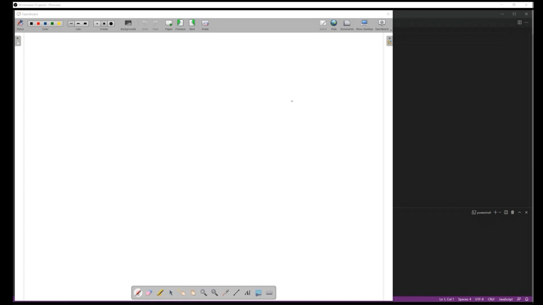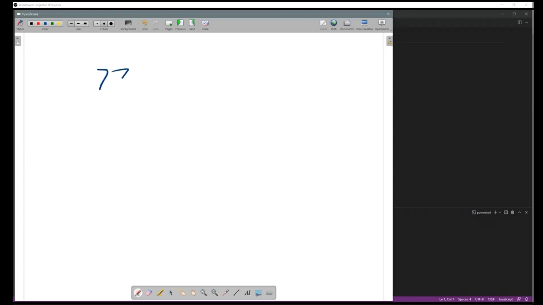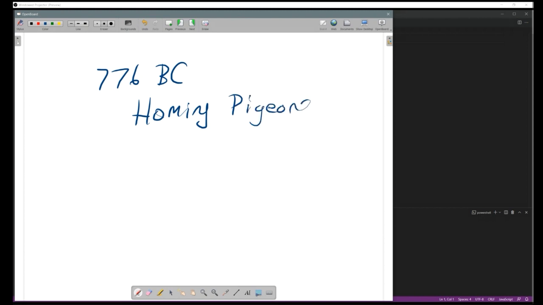But if we're talking about actual long distance data transmission, the first one was in 776 BC. This year might be slightly off. We had homing pigeons. And these were used in the first Olympics.